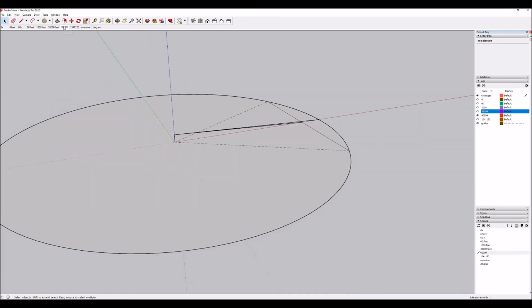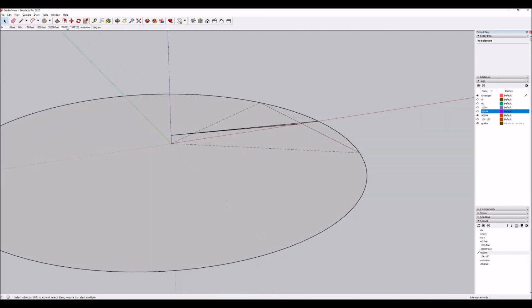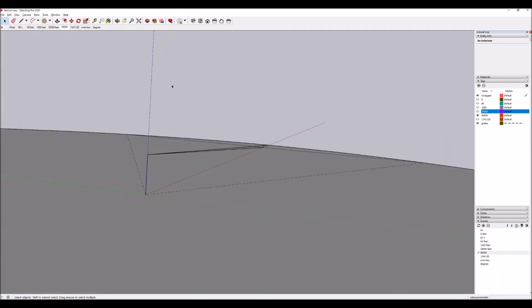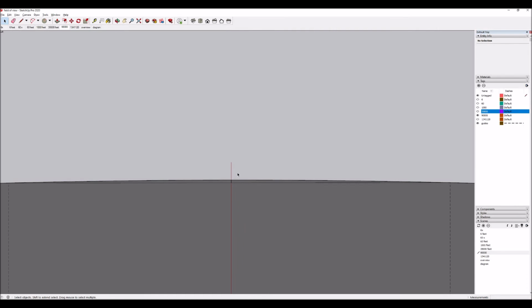We'll now navigate to this top point here and look in that direction. Here in the middle of the screen, we see that little straight line that I showed, which is the difference between our two sight lines. Now we've got a straight line that goes from left to right and the curve of the horizon above it.